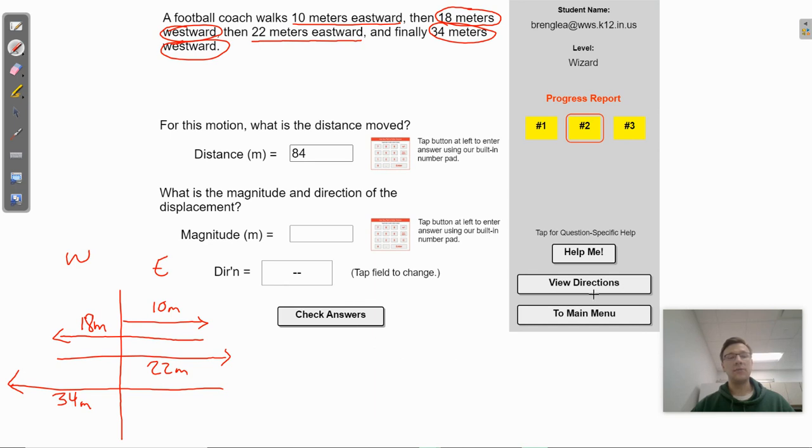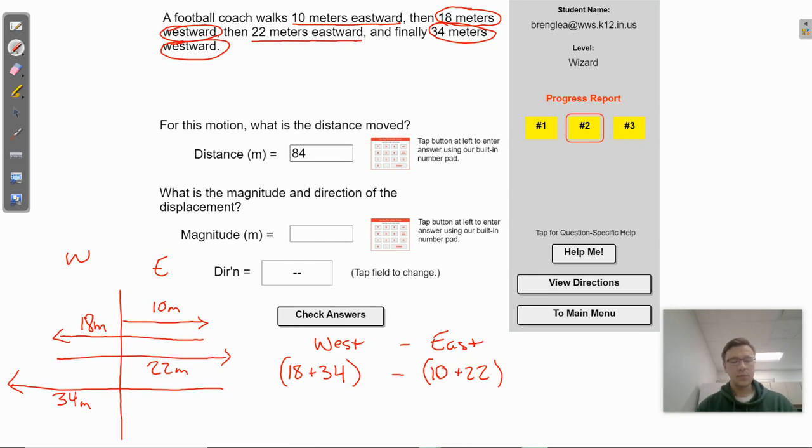Let's go ahead and figure out what the displacement is. I'm going to start with the west over here because we know that we're going to have more west than east. We're going to do the westward movement minus the eastward movement. And so that's going to be 18 meters plus 34 meters of westward movement, minus 10 meters plus 22 meters of eastward movement.